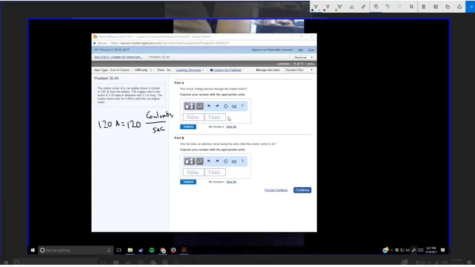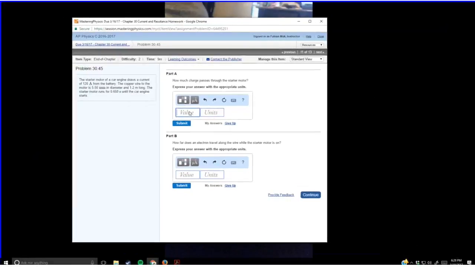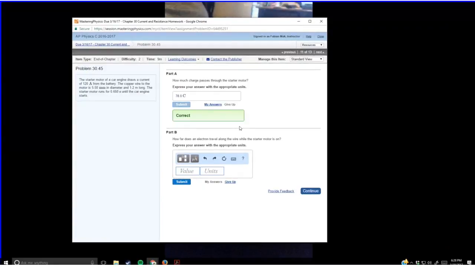So if it runs for 0.65 seconds, then the total amount of charge passing through should be 120 times 0.65. Okay, and that works out to be 78. So that should be 78 coulombs. Okay. And then how far does an electron travel along the wire while the starter motor is on?